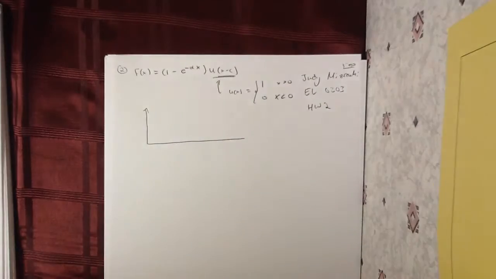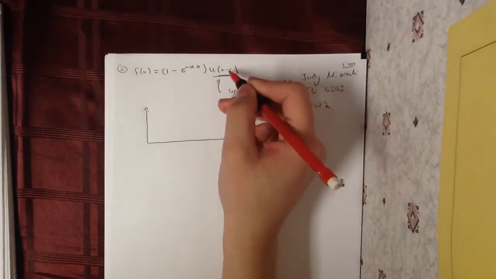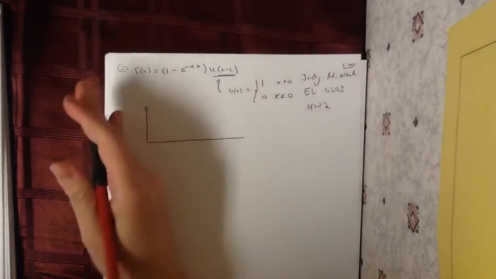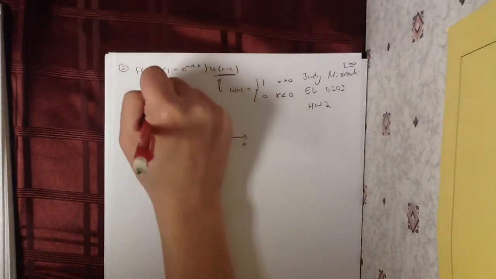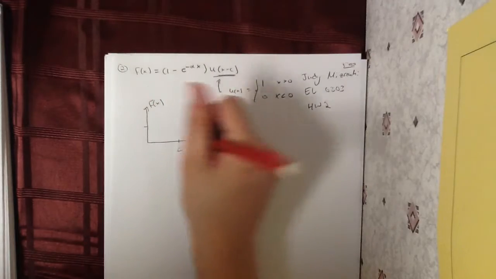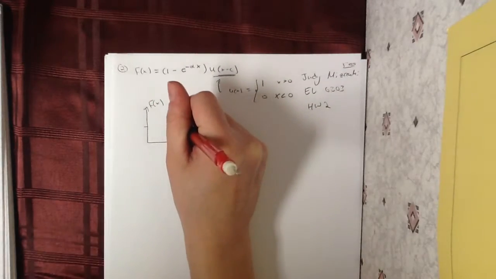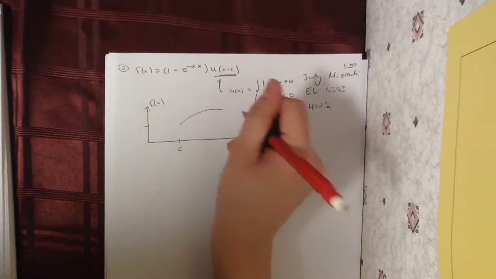This is just going to be an inverse exponential starting from 1, and it shifts the whole thing because we're cutting out everything until c. This is the x-axis and this is the f of x. We bring it up a bit here, and it looks something like this.